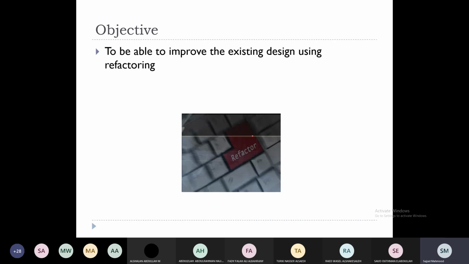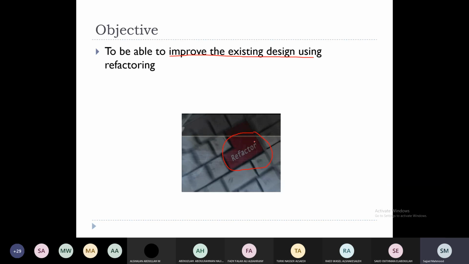We were hoping that somehow we'll have a button on the keyboard where we just say refactor, press that button, and everything will be refactored for us, improving the existing design. Of course, this is the aim, and people are trying to achieve it using different techniques and machine learning techniques. But we haven't reached that stage yet.